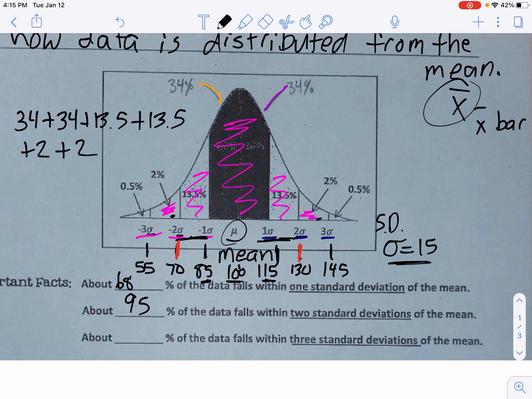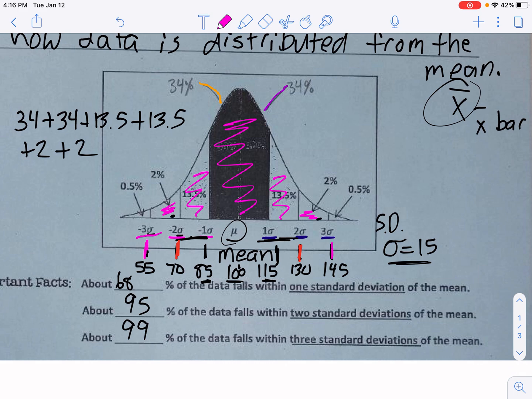So adding 2 plus 2 to what we had before, that's 4. 95% plus 4 gives us 99%. Okay, so 99% of the people would fall within 3 standard deviations. Or like I said before, another way to think of it, if you're looking at a normal IQ test, 99% of the population would have somewhere between an IQ of 55 and 145.